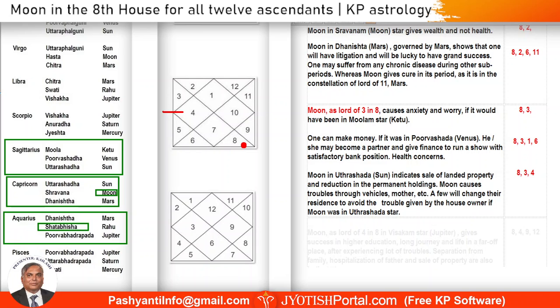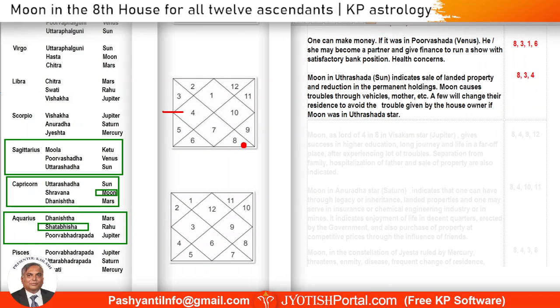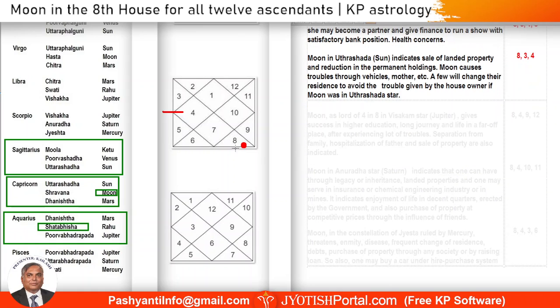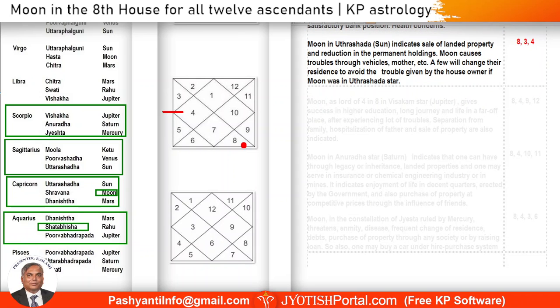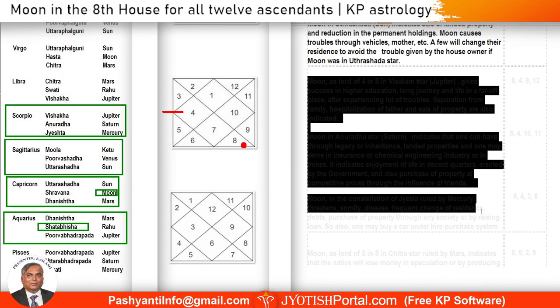So here Moon is going to become the lord of the fourth in the eighth. And now since the eighth house has Scorpio, we will have these particular stars in focus: Jupiter, Saturn, and Mercury. Let's look at what happens when Moon is in Jupiter star or Saturn star and Mercury star, and what kind of house grouping they create.